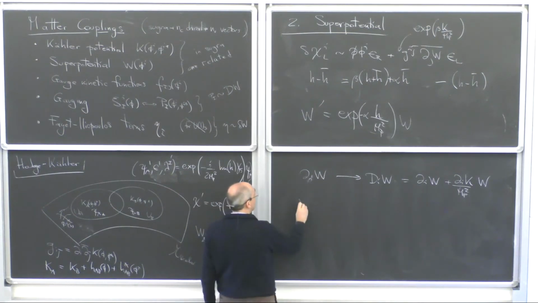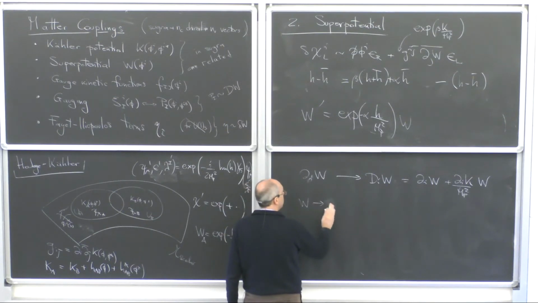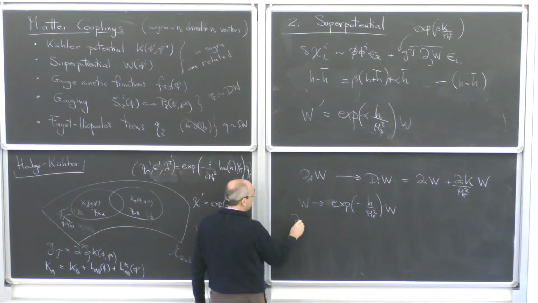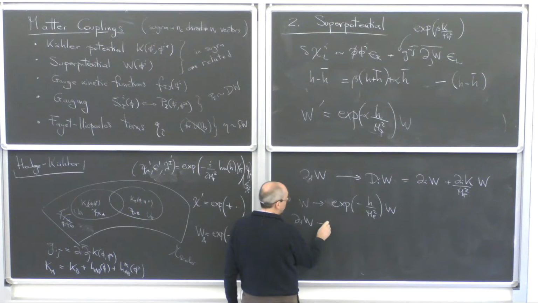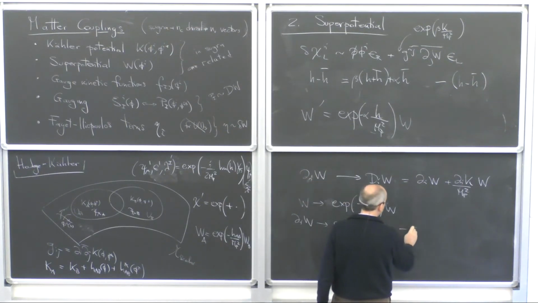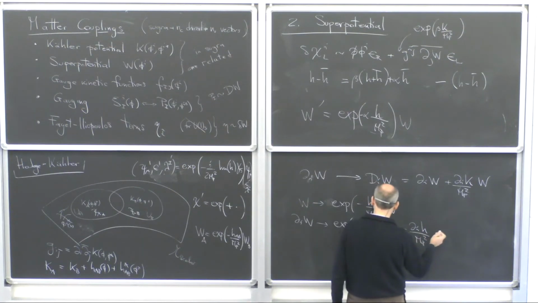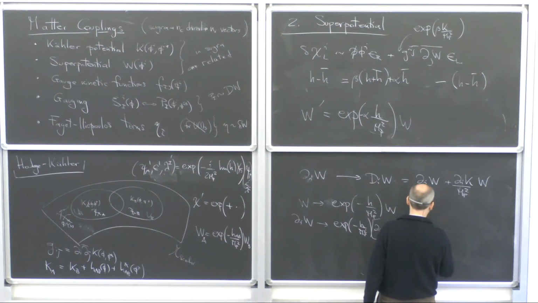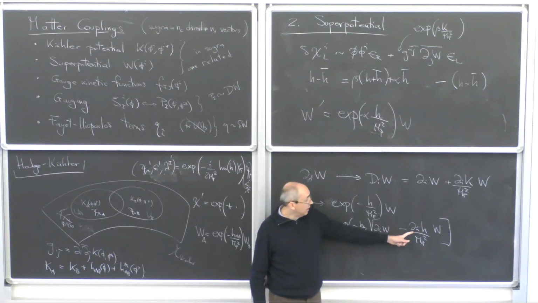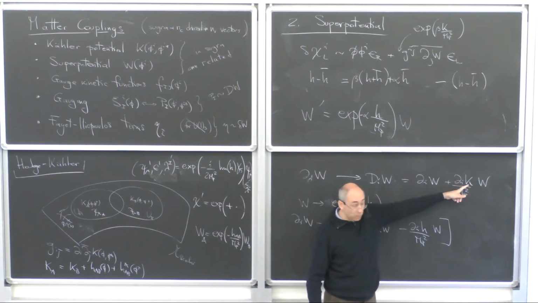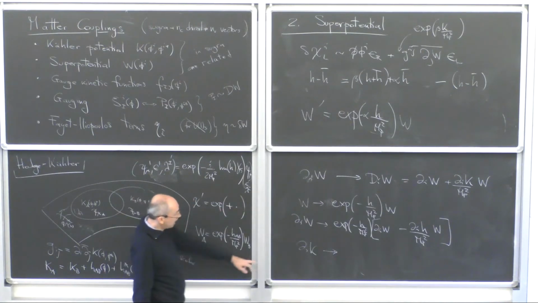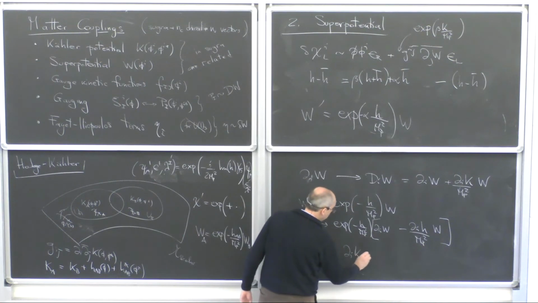You see that if W goes into W times the exponential of minus h over mp squared, if I do the derivative, I get the exponential times the derivative of W, but then I get also minus d_i of h times the same exponential and W. So I need to get rid of this part in order to make things covariant again, and the way I do it is by adding a derivative of the Kähler potential, because when I send K into K plus h plus h bar, since I have the holomorphic derivative, this goes into d_i K plus d_i h.